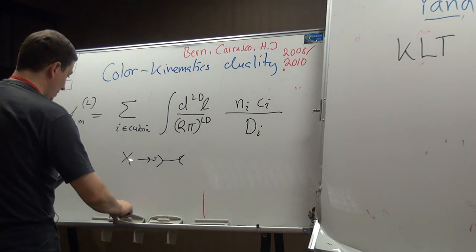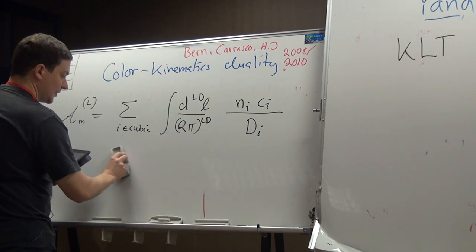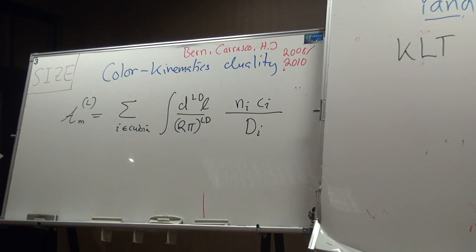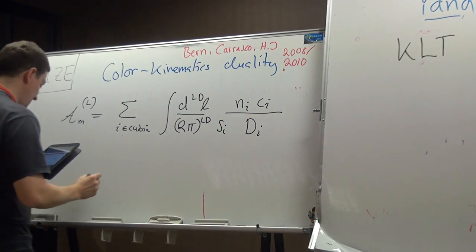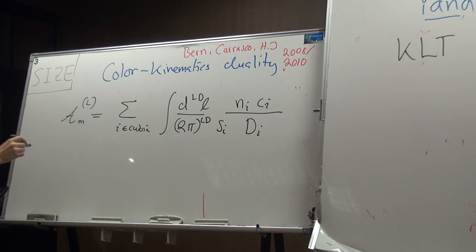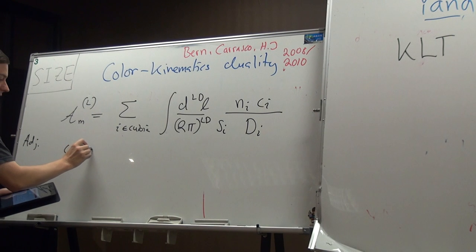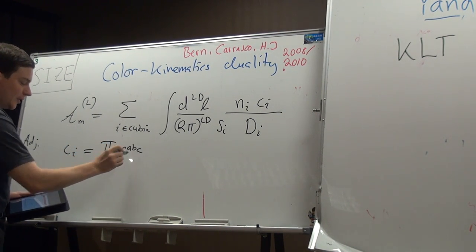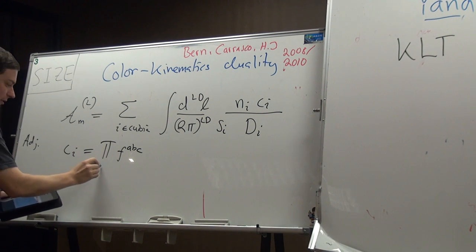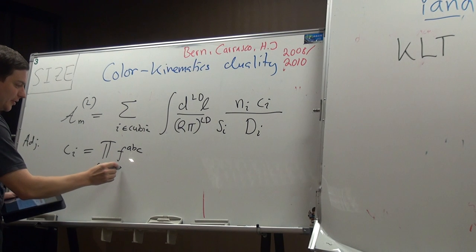So let me say a little bit more about what these functions are. There's also a symmetry factor here, which I forgot. So in particular, the color factor, let's assume we're in the adjoint, is simply a product of f^{abc}s for all the vertices which are inside the diagram.